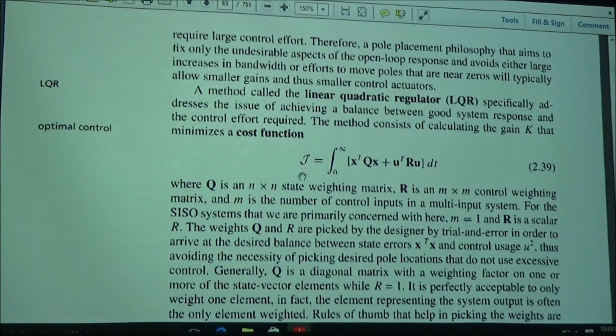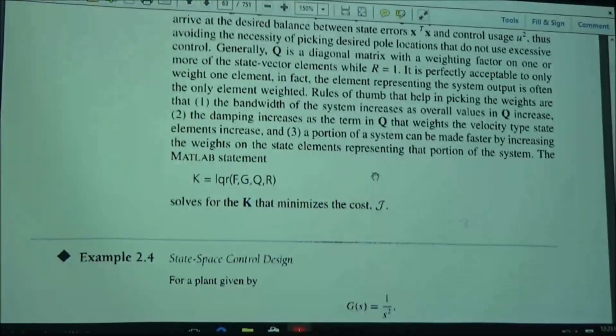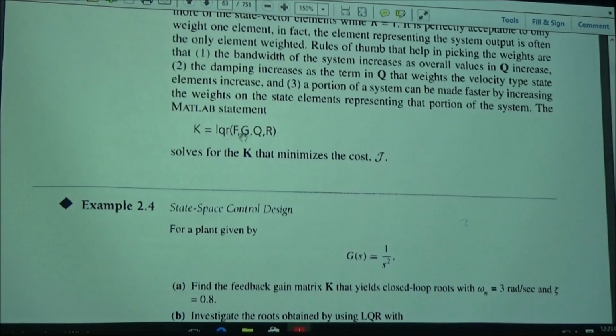You minimize the cost, or you maximize, let's say, profit, and so forth. The LQR is the command for that in MATLAB. Linear system, quadratic cost function, and regulation. Remember the word regulation I mentioned at the beginning of the lecture.